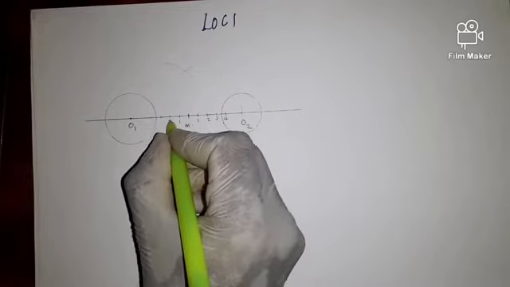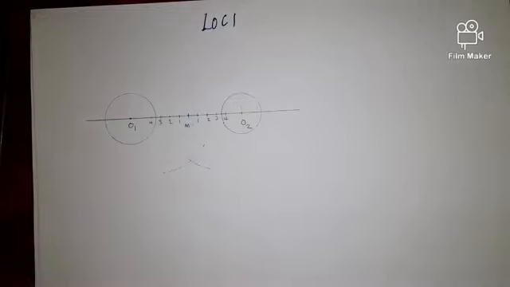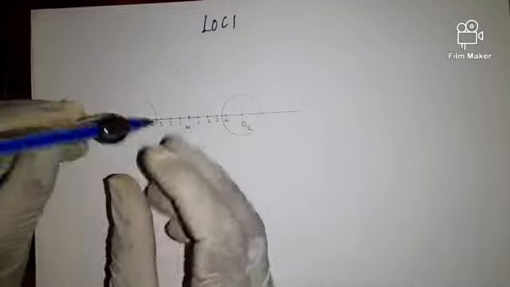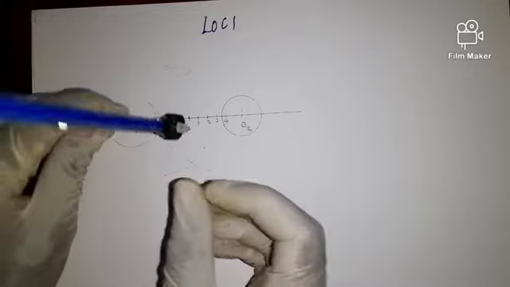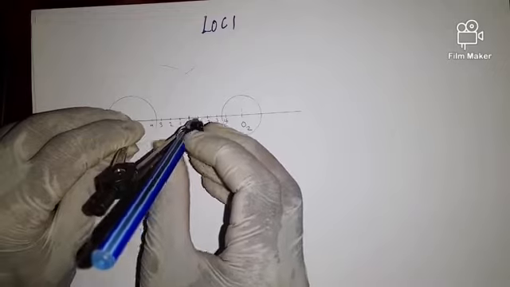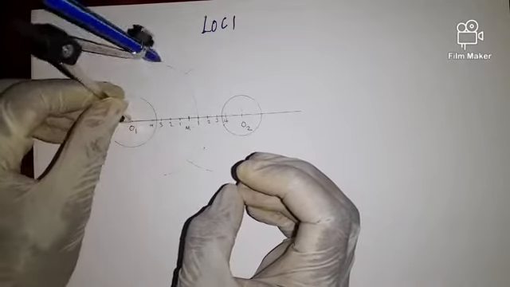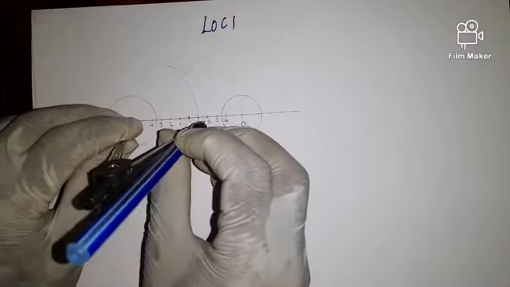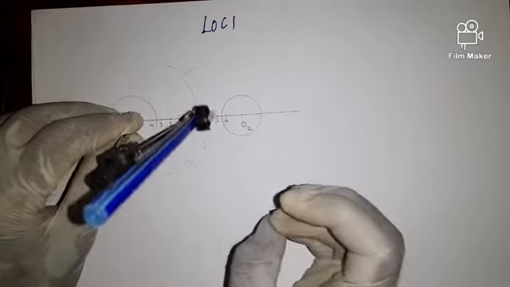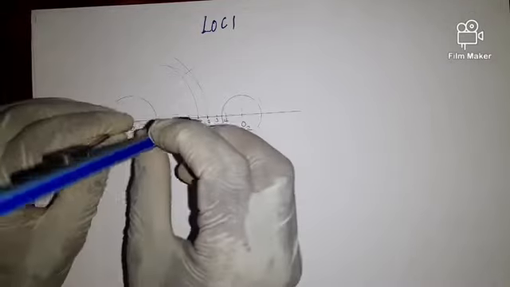1, 2, 3, 4. Next we are going to take our radius from O1 and we extend to our line 1, or our division 1. Then we draw an arc. Next we move to 2 on the right hand side of the midpoint. Next we move to 3.